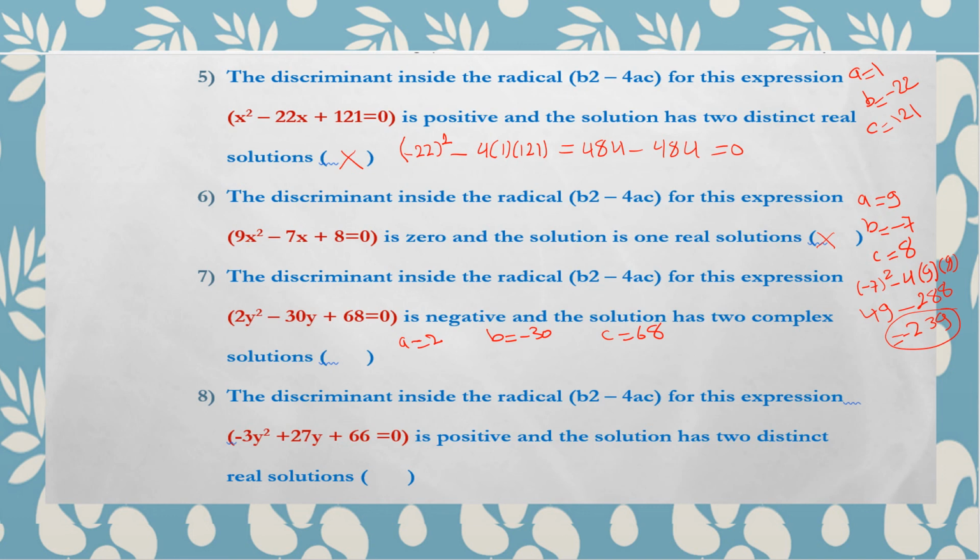Then, by substituting the values of A, B, and C in the discriminant, we find that minus 30 squared minus 4 times A times C equals 900 minus 8 times 68, equals 544, and the answer equals 356.